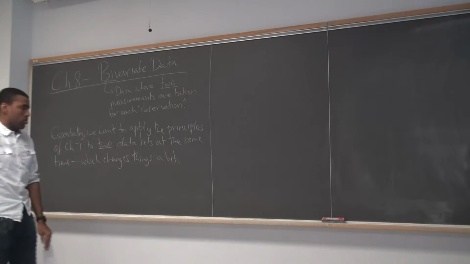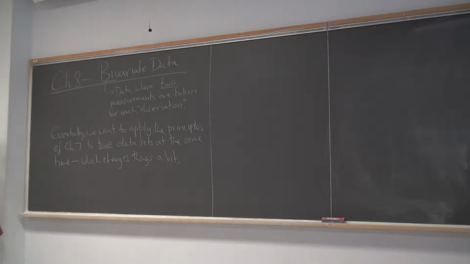And keeping up with our theme, we want to know why would we actually do this? It turns out that sometimes when we want to answer questions about something, it makes sense to take more than one measurement to get a proper judgment, right? So you can imagine if I were to judge every student in this class by one of their grades, that probably wouldn't be a good thing. It wouldn't be a good estimate.